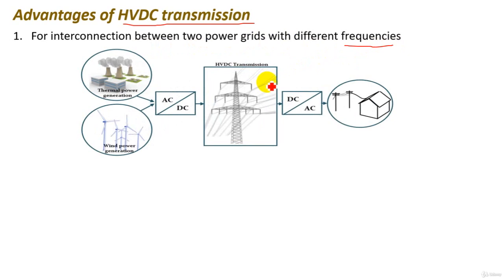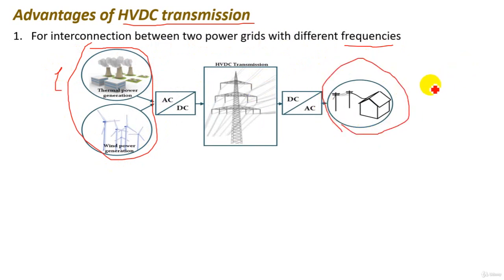If two countries have different frequencies, let's say this is the first country and this is the second country, and they want to interconnect with each other, this must be done by high voltage DC transmission like here.